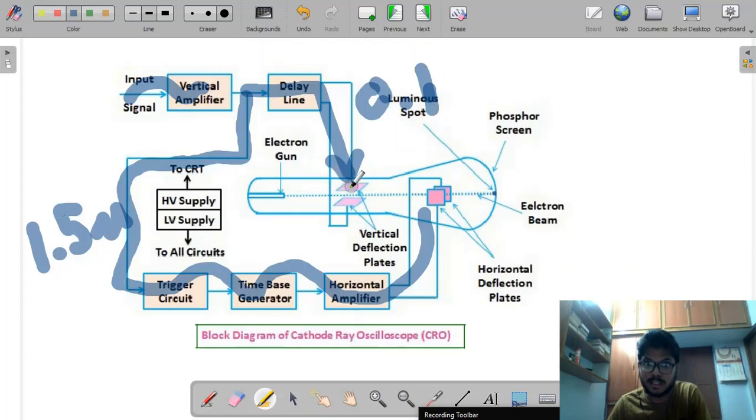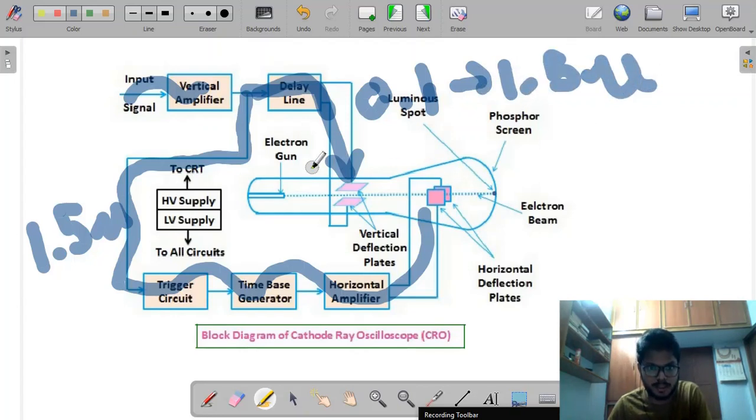So there is no synchronization. This synchronization is made by using the delay line. The delay line is the line which makes this 0.15 to 1.5 microseconds. Hope you understand. This is the exact role of the delay line.